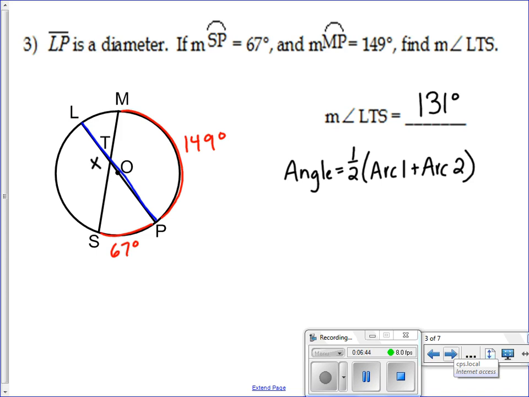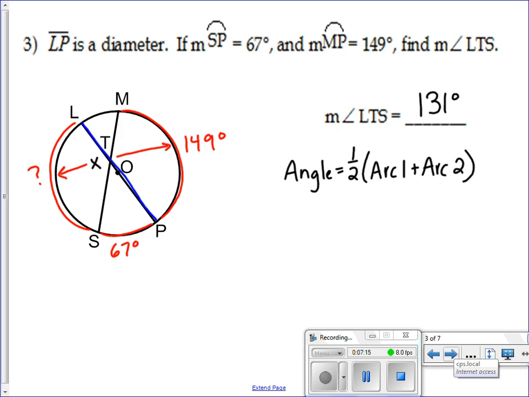But again, you need to know the 2 arcs that go with the angle you're looking for. So the 2 arcs that I need would be this one here, which is LS, and then the vertical angle of X is over here at MTP, and I would also need to know the 149. So that we have. So we just need to figure out this missing arc, and then we're set.